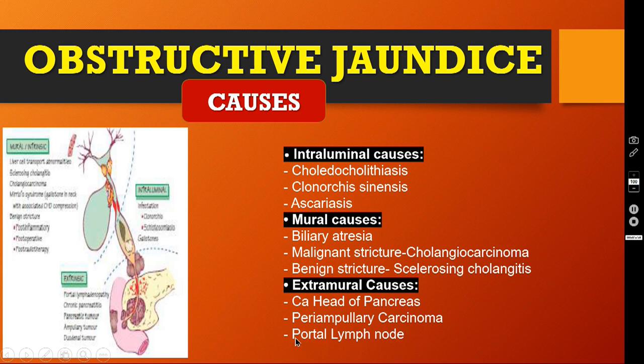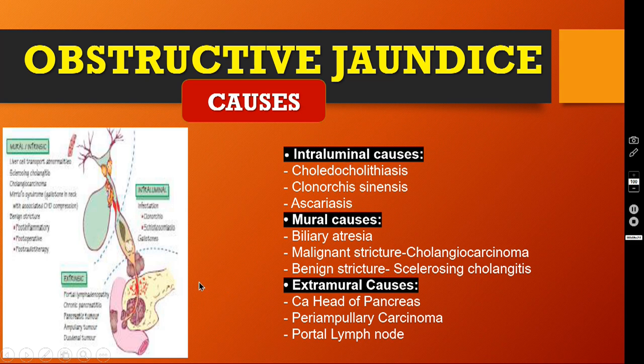This could be stomach carcinoma, colon carcinoma, or even rectal carcinoma as the primary. These primaries produce secondary big lymph nodes in the porta hepatis, which will obstruct the extrahepatic biliary radicals, and the patient will go on to obstructive jaundice.